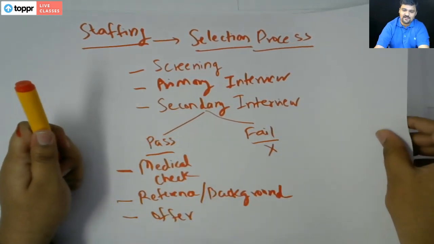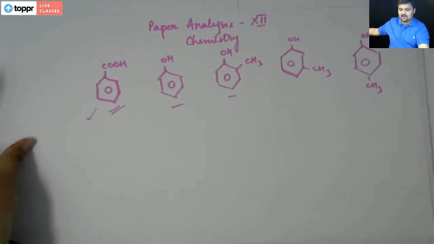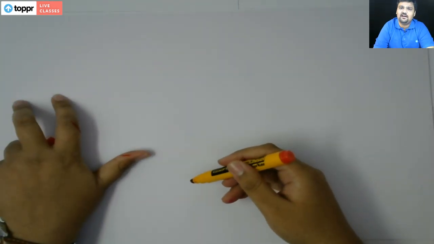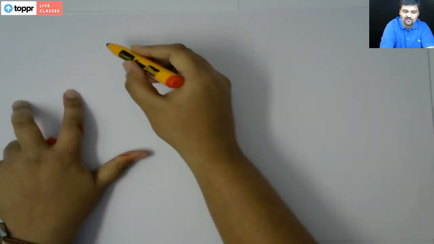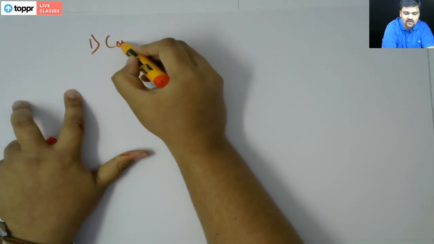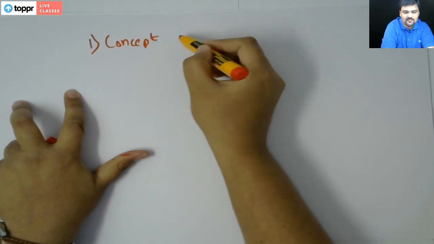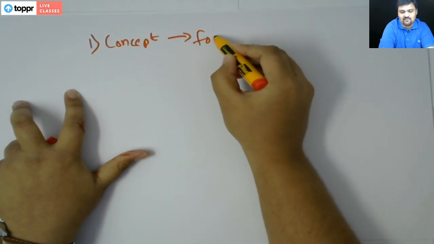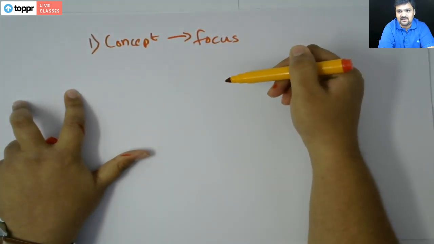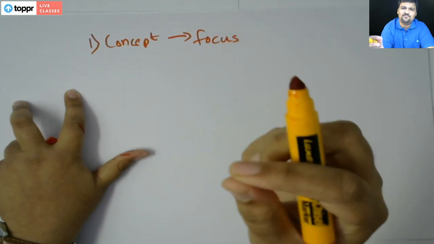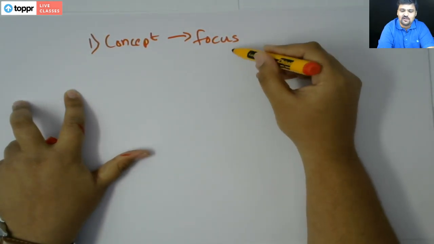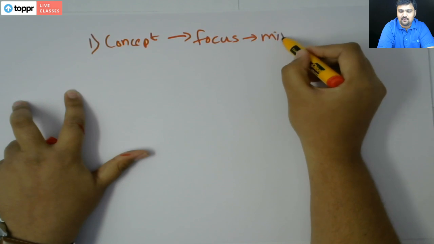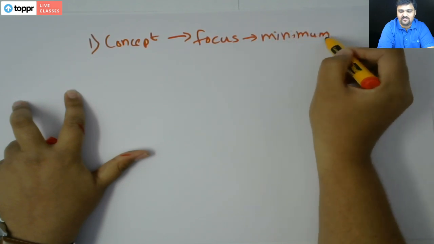So, my dear friends, I am going to sum up a few things that we have understood today in this session. Okay? Now, what have you understood? First, there can be concept-based questions. Concept-based questions will require a good focus. They will usually be asked for a smaller number of marks, so you have to answer them in the minimum possible words.